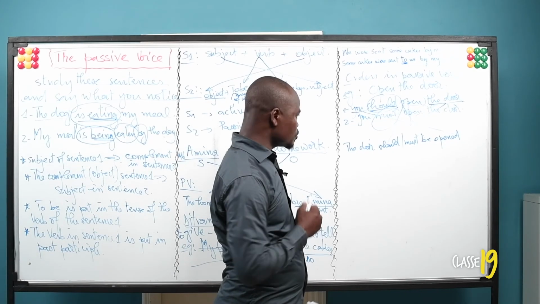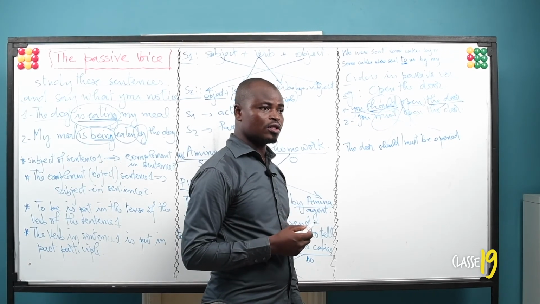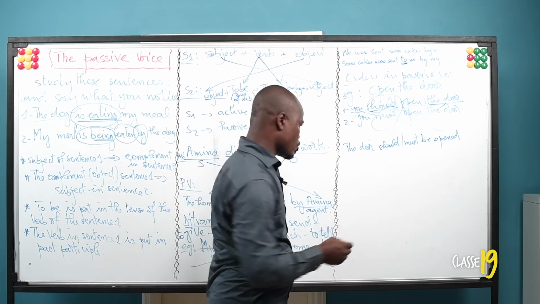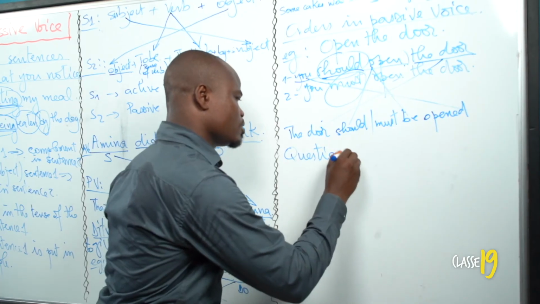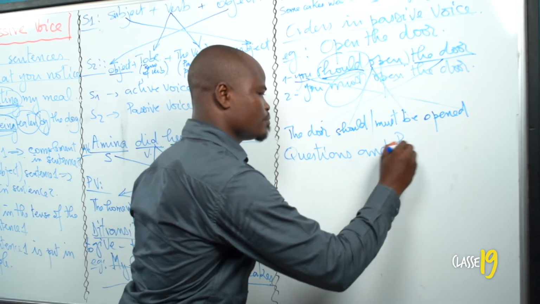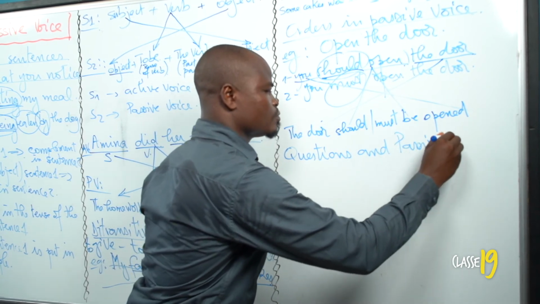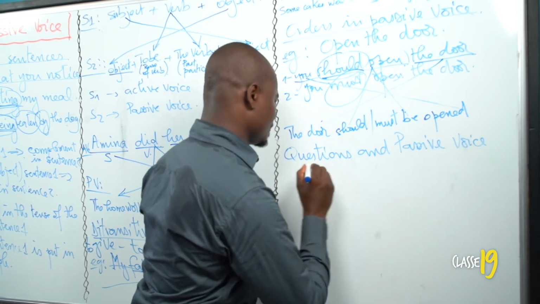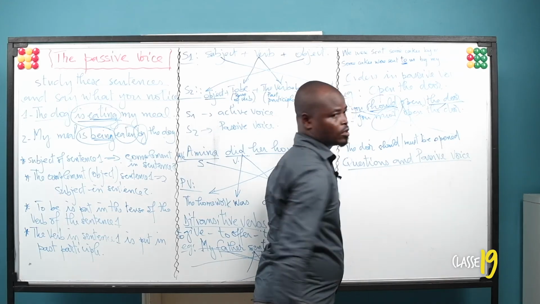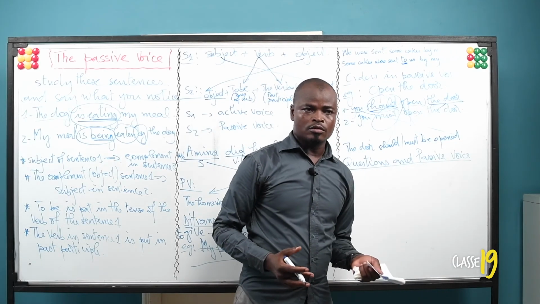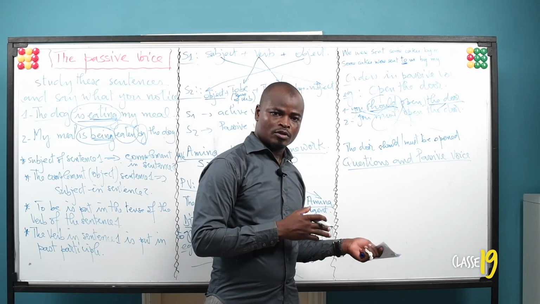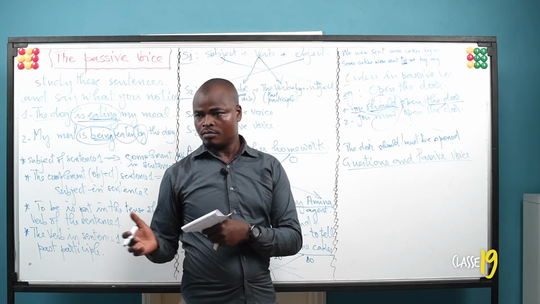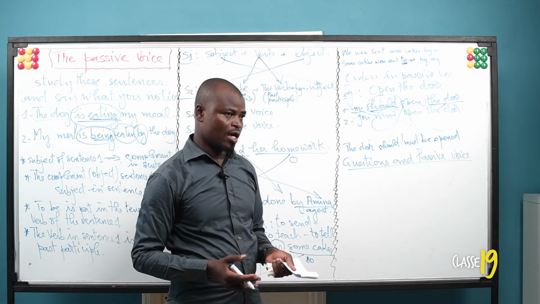Now, how to put questions into passive voice. So questions in the passive voice. It is very clear. You know, in questions we have auxiliary plus subject plus verb plus complement and the question mark.